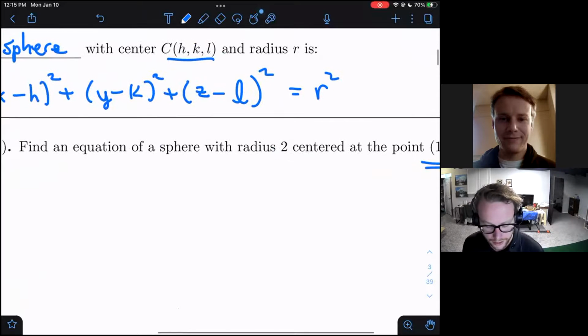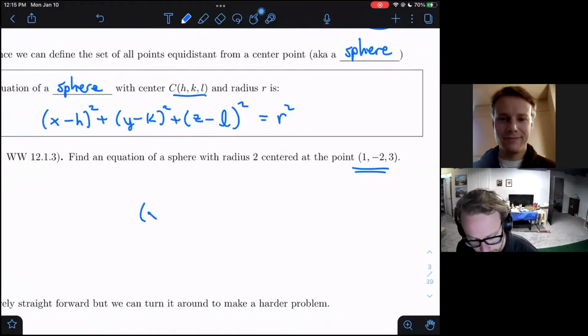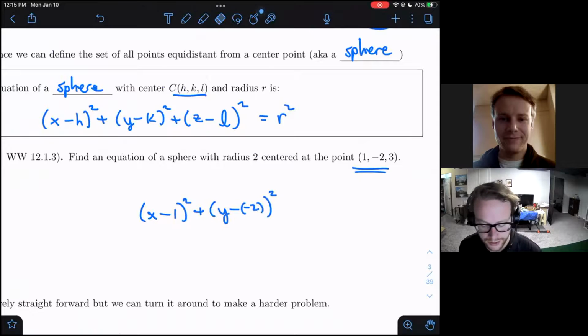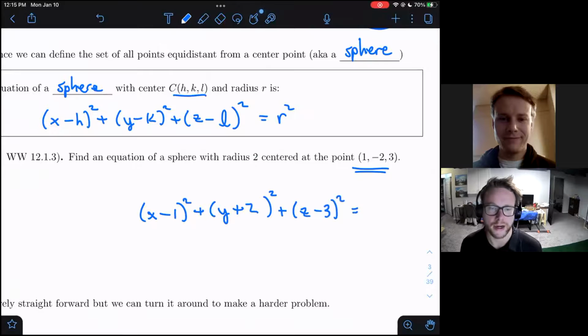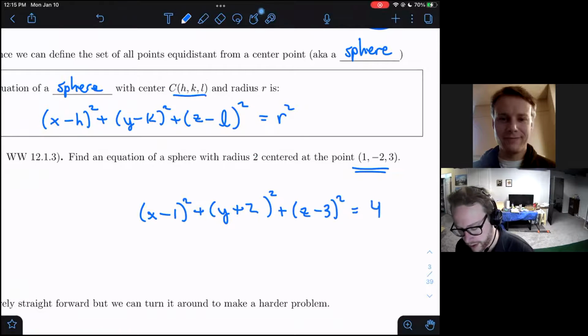So I'm going to do x minus 1 quantity squared, y minus -2 quantity squared. Of course, many of you probably said, let's not do minus -2, let's simplify this and do +2. That's good too. And then finally, we have z minus 3 quantity squared is equal to the radius squared. 2 squared will be 4.